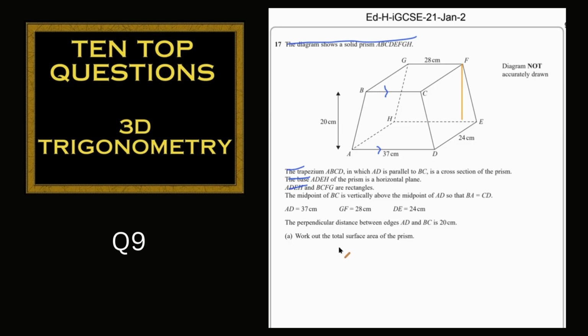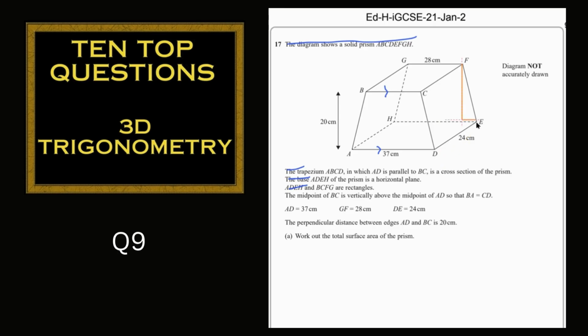Work out the total surface area of the prism. Easy bits. Working out the roof, that'll just be 28 wide by 24 deep. That's easy. The base is 37 by 24. Also easy. What isn't easy is the sides, because the sides are rectangles.